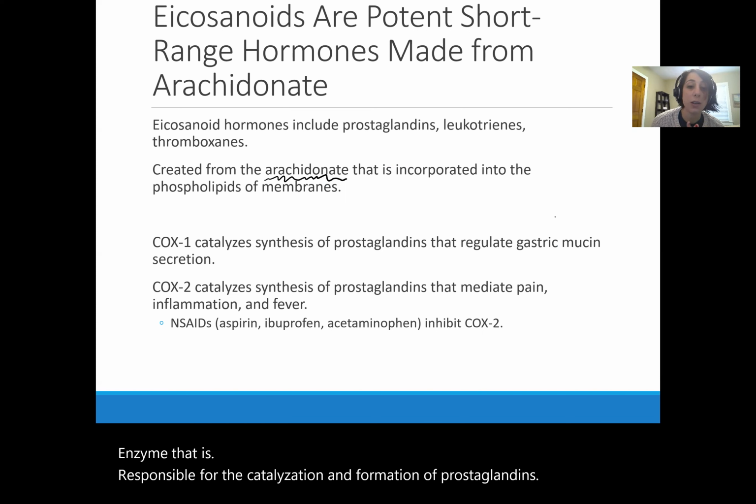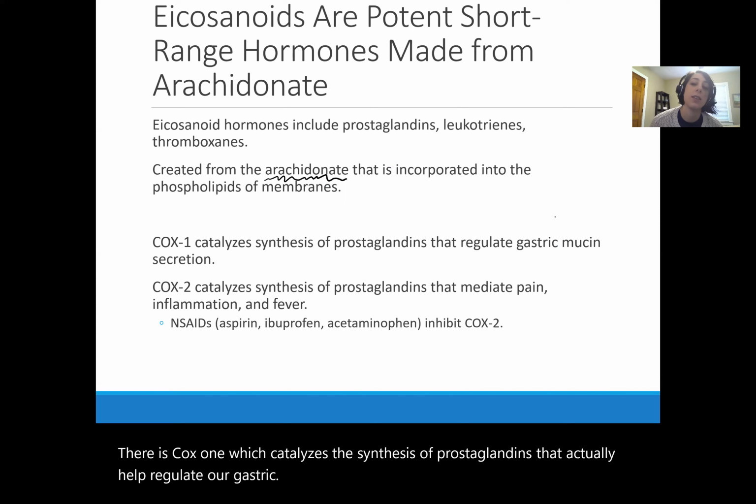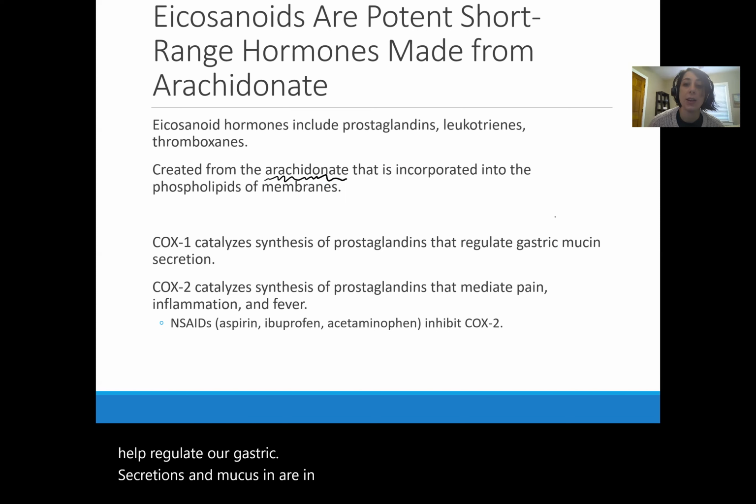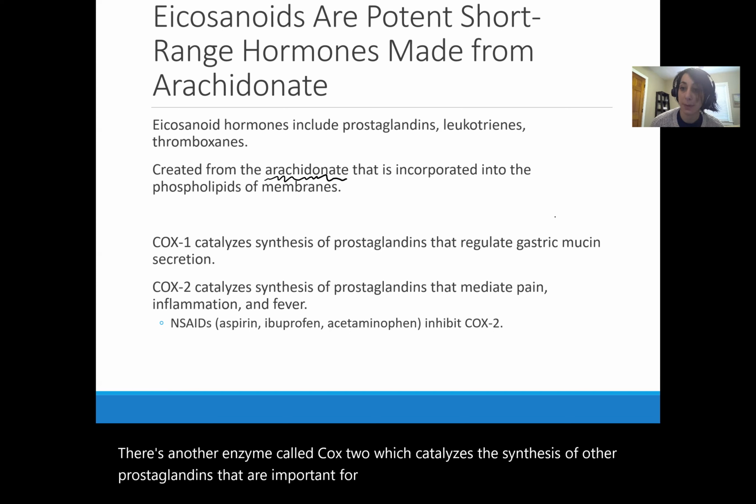There is COX-1, which catalyzes the synthesis of prostaglandins that actually help regulate our gastric secretions, the mucus in our intestines and stomach. There's another enzyme called COX-2, which catalyzes the synthesis of other prostaglandins that are important for mediating pain, inflammation, and fever.